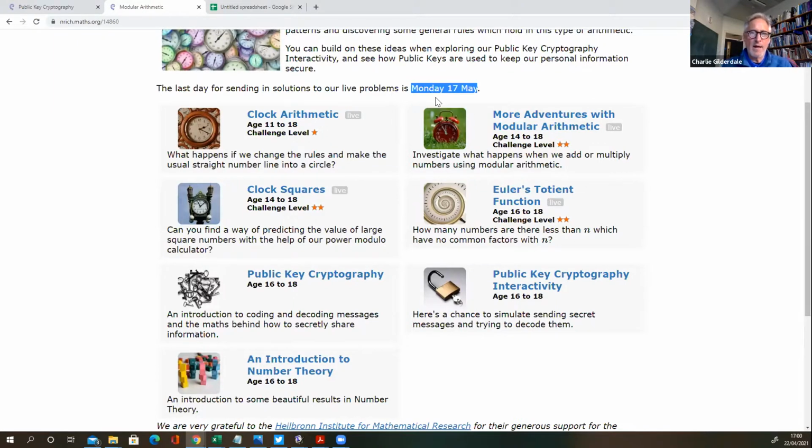It's usually a couple of weeks before the next holiday, so before the half term. So there's material, resources, and challenges there for Key Stage 3 students, for Key Stage 4 students, and for what we've just shown for Key Stage 5 students. I think that might be all.